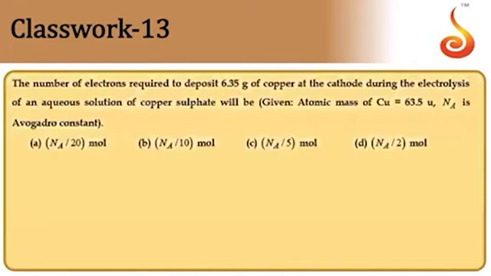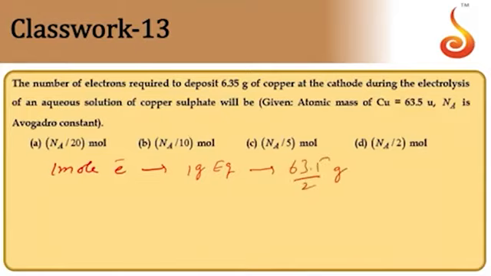So we know that 1 mole of electrons deposits 1 gram equivalent. And 1 gram equivalent of copper means 63.5 by 2 grams. So for this many grams of copper to deposit, we require 1 mole of electrons.